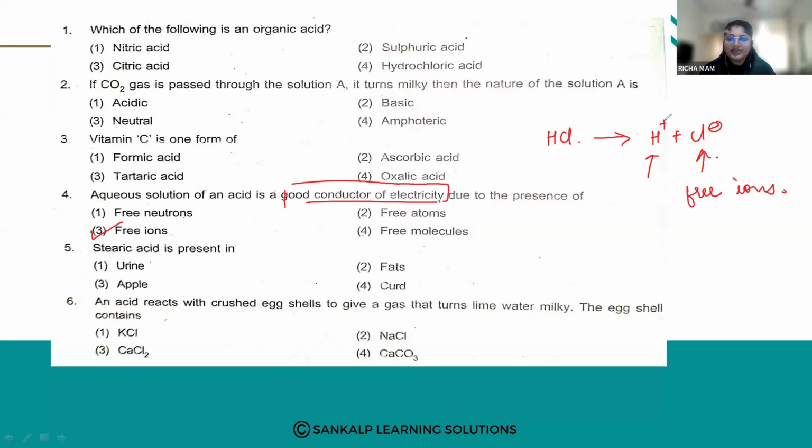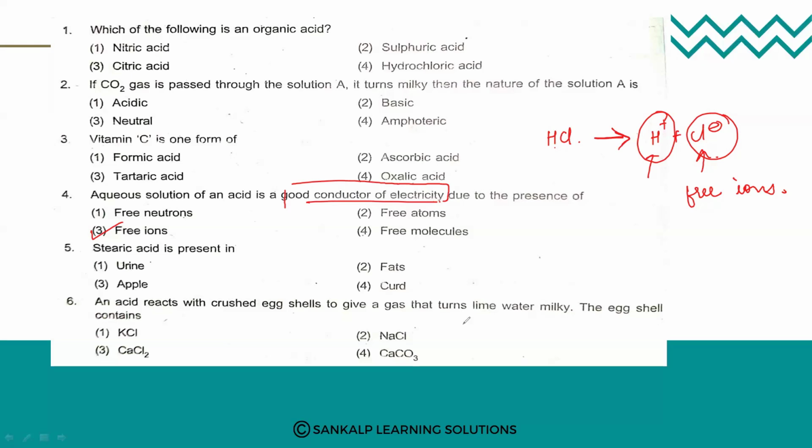Similarly, an acid like H2SO4, when you add it in water, dissociates into ions. It is because of these free ions that it is a good conductor of electricity.